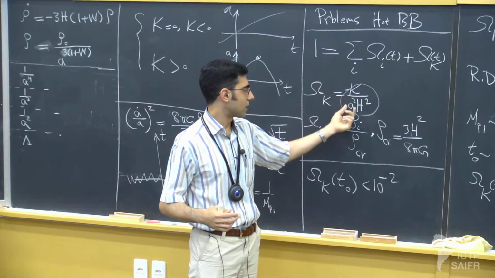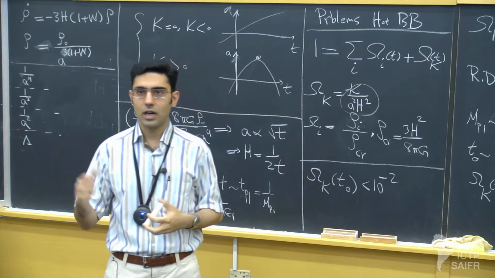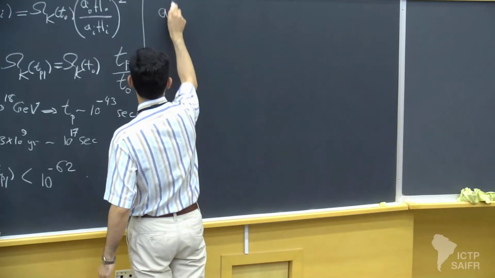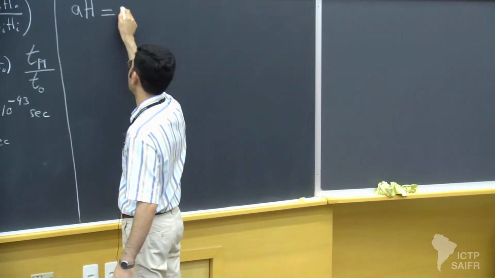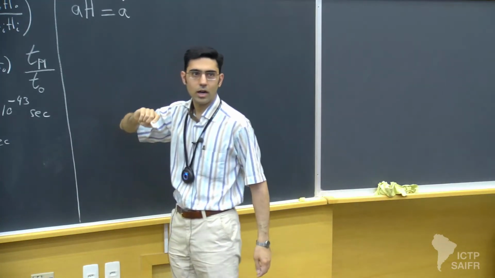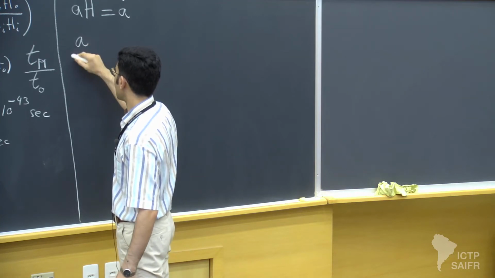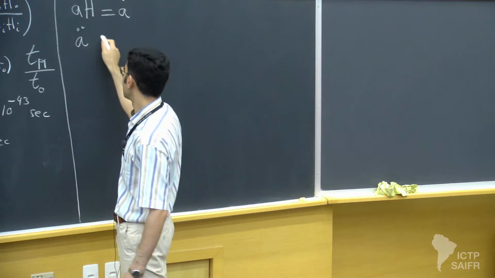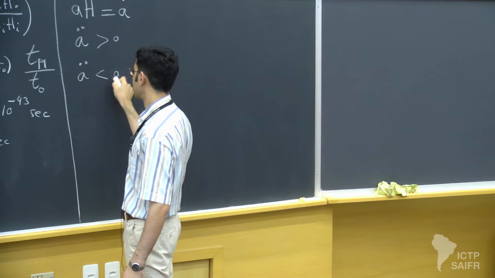One is in which this a squared h squared is growing with time. So let's look at this quantity a times h. What is it? This is h a dot. So we can consider two scenarios: either a double dot, which is the time derivative of this, is larger than 0, or a double dot is less than 0.